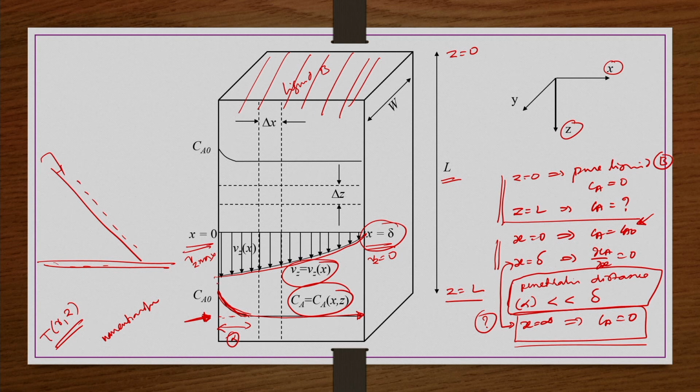Since the velocity also needs to be found out, first we simplify the conservation of mass and momentum to get the velocity profile. The continuity equation in Cartesian coordinates is given here. Only Vz is there, and it is not a function of z, it is a function of x only. So this is 0, Vy and Vx are anyway 0, so continuity is satisfied.